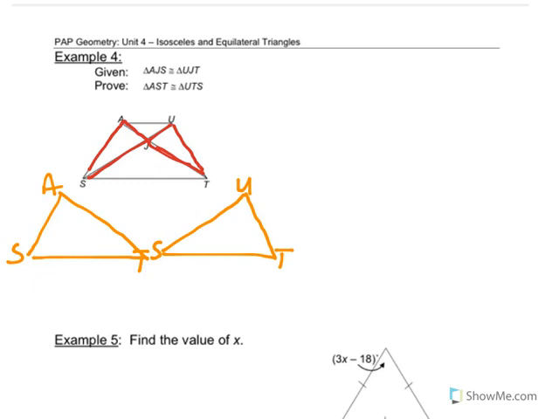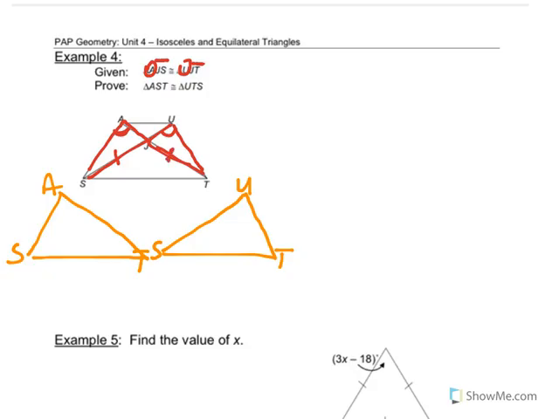So if those two are congruent, let's think about what we know. We know that this angle A is congruent with angle U. Okay, and let's see here. We know that line segment JS is congruent with line segment JT.